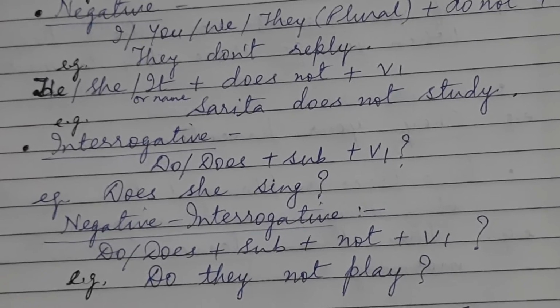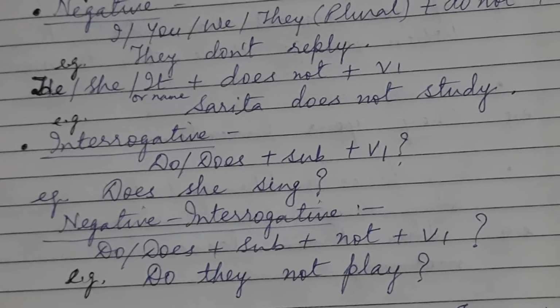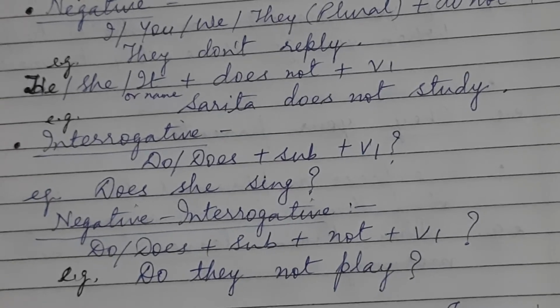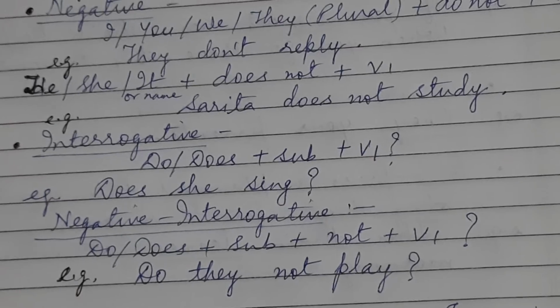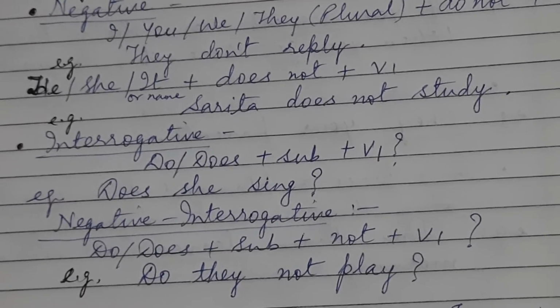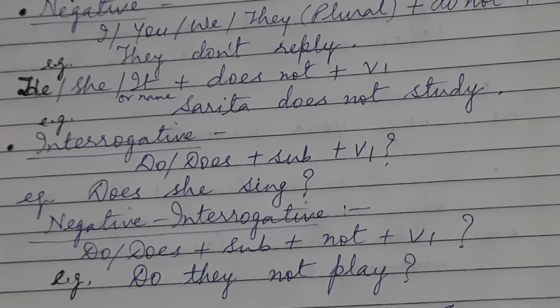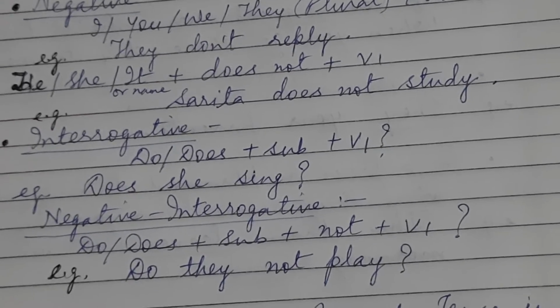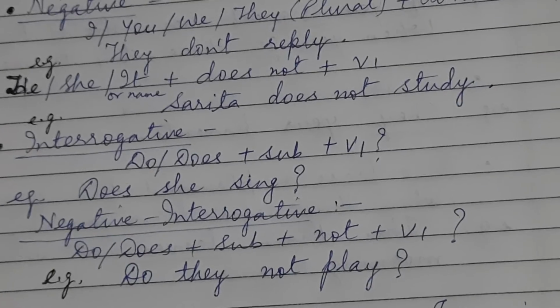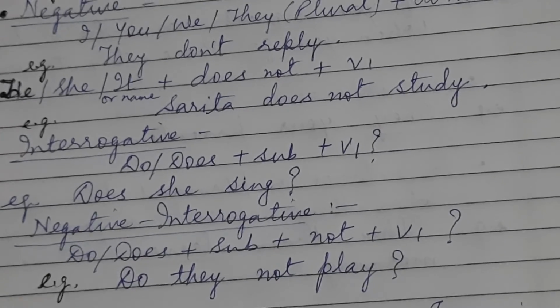And there, in a similar manner, first of all we use do or does as per the subject. If the subject is plural, we use do. If the subject is singular, then we use does. After that, the subject comes. The subject is followed by not. And then we use again the first form of the verb.